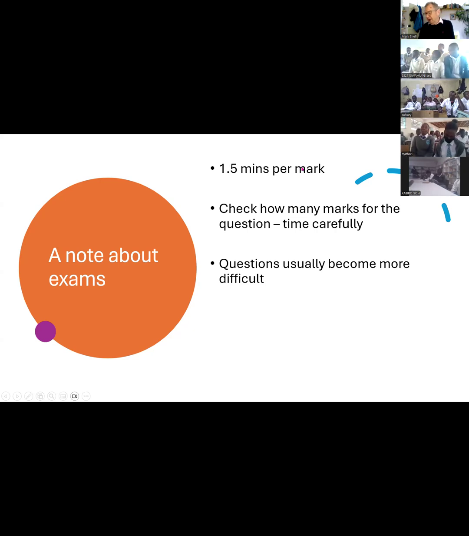The next one is that questions usually become more difficult as they go through. So if you're on question 4, the first few points are quite easy and then they become more difficult. What is important about that is that it means that it is quite easy to pick up the first few marks, but if you spend too long trying to pick up the more difficult ones, sometimes it means that you miss some easy ones on the next question.